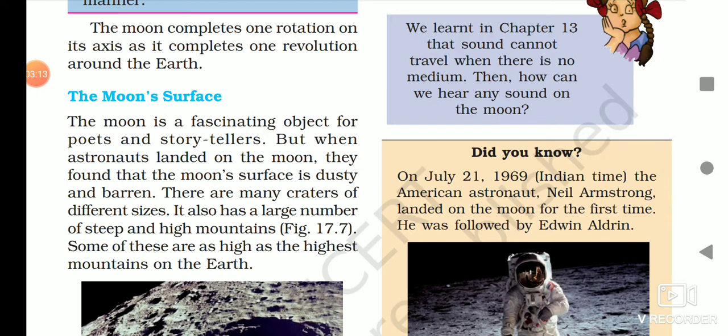Did you know that on July 21, 1969, the American astronaut Neil Armstrong landed on the moon for the first time? He was followed by Edwin Aldrin.